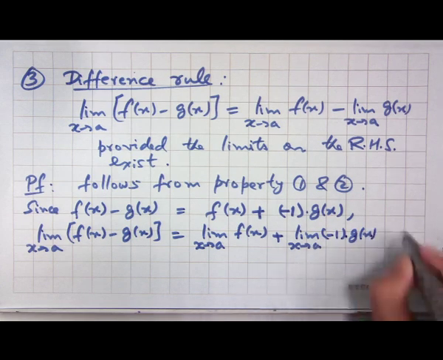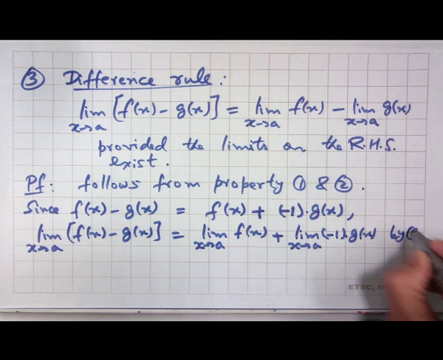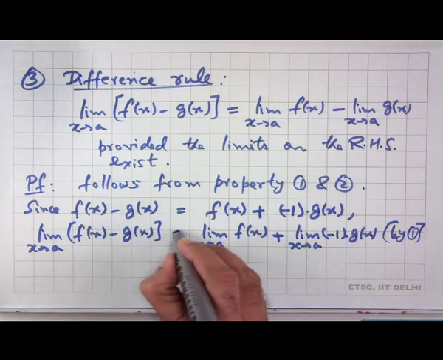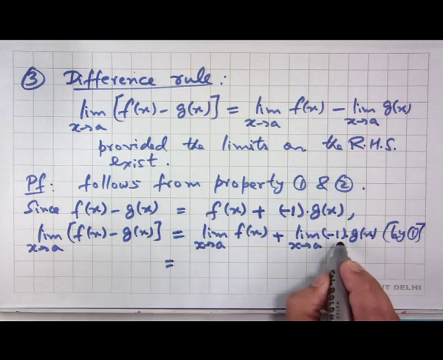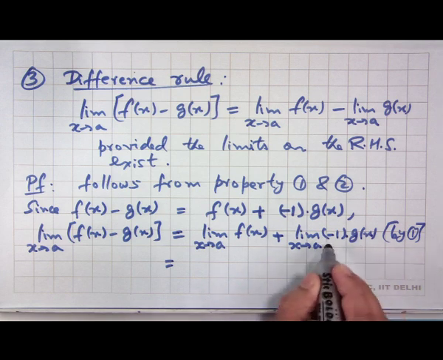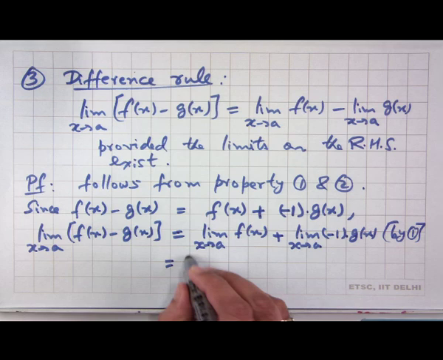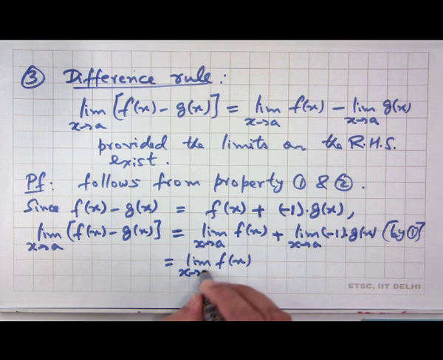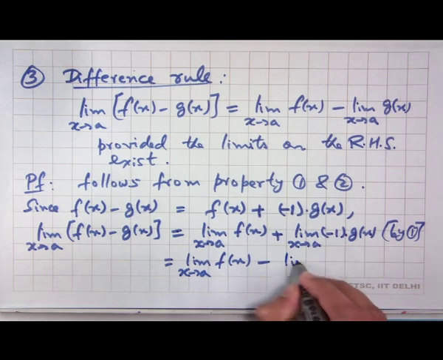This is by property 1, the sum rule, and then by the second property, limit of minus 1 times g of x is minus 1 times limit of g of x. So, that is limit of f of x minus limit of g of x.